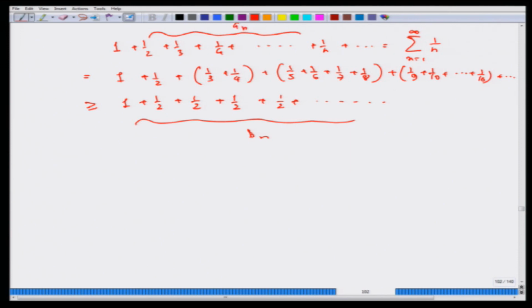You see that from this term on, b_n is strictly less than these terms.